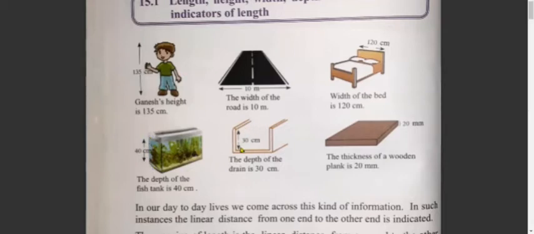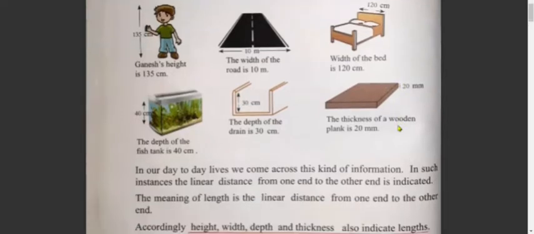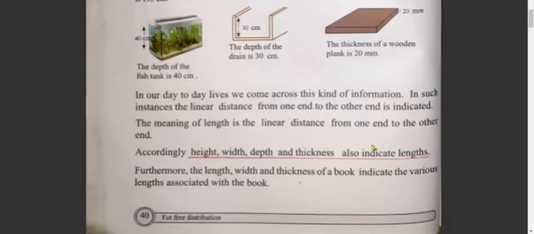The depth of the drain. The thickness of a wooden plank, thickness. Height, width, depth and thickness also indicate length.